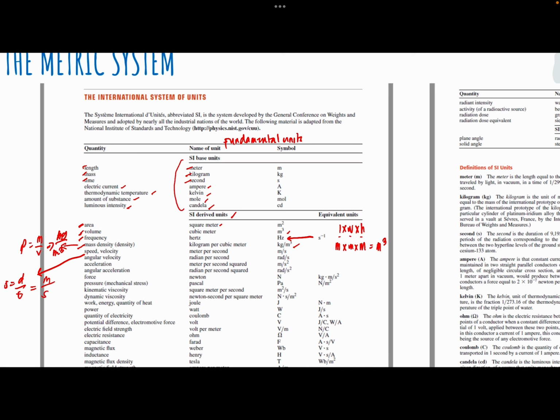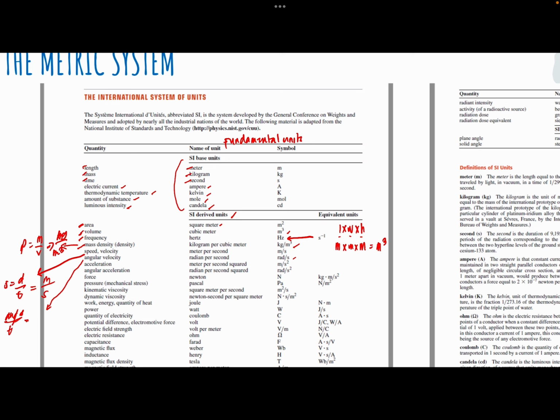So the unit for speed or velocity is meters per second. How about angular velocity? So angular velocity naman, it's the change in angle with respect to time. So the SI derived unit for angular velocity is radian per second.